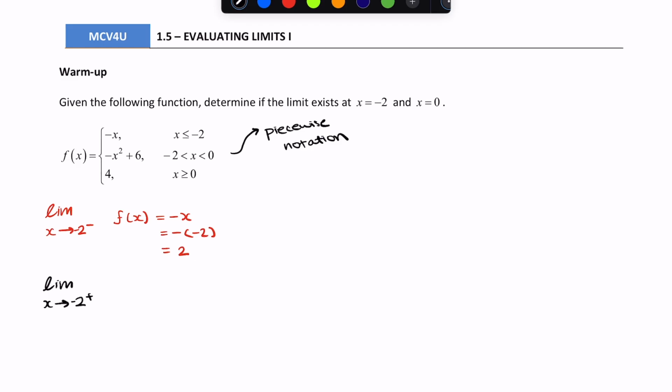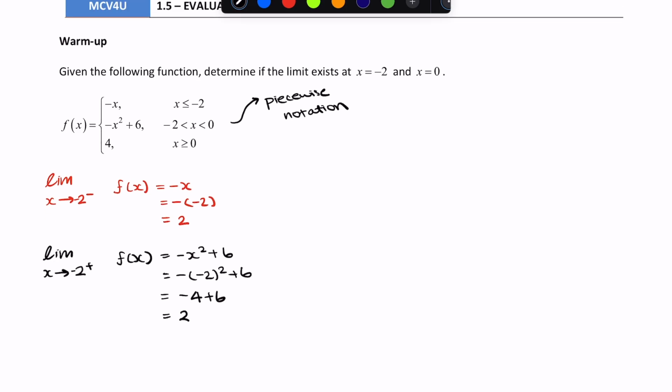As x approaches -2 from the positive side, the function that's represented when it is going from the right is f of x equal to -x² plus 6. And if we sub in our value of -2, we'll have -(2)² plus 6. Here it will be -4 plus 6, which will give us 2.